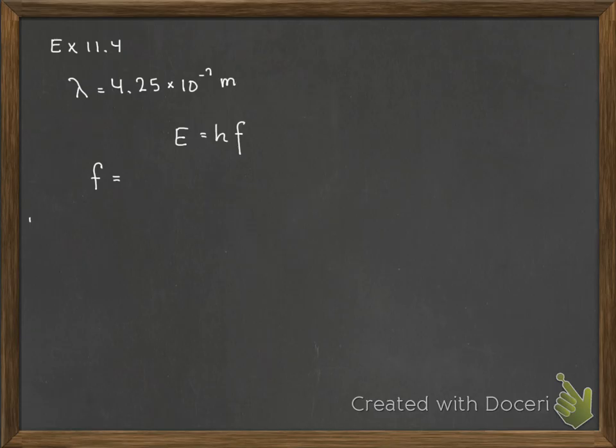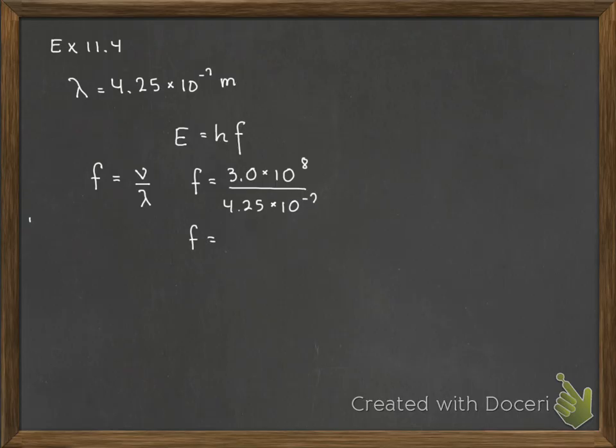H is already known in electron volts. So frequency is the speed of light over the wavelength, which is why we were given the wavelength. So 3.0 times 10 to the 8th divided by our wavelength in meters, and that will give us our frequency.